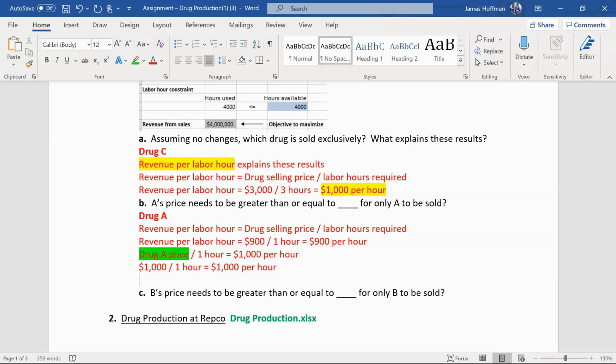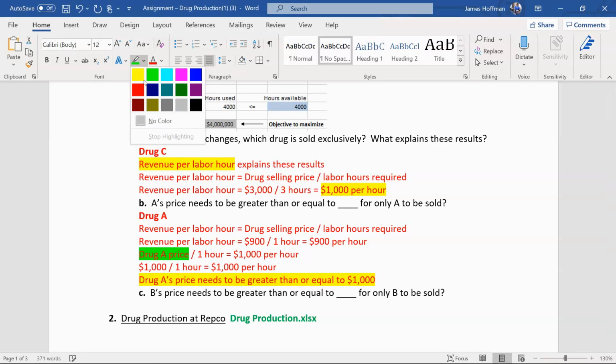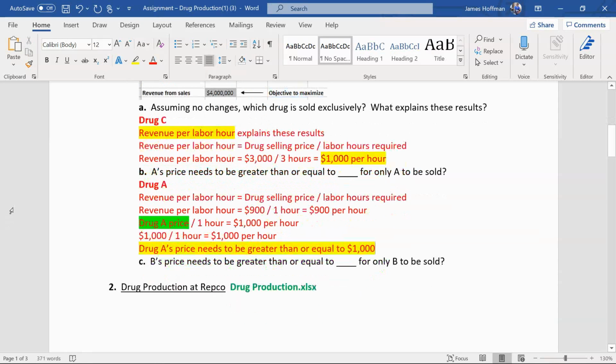So the answer to part B is that drug A's price needs to be greater than or equal to 1,000.